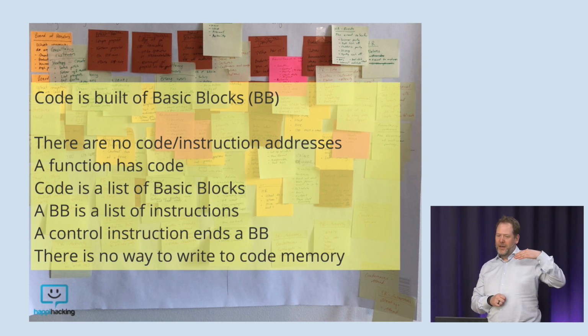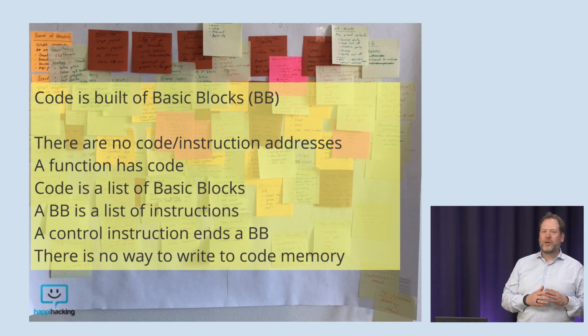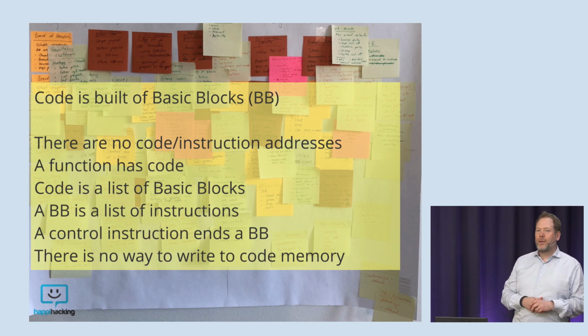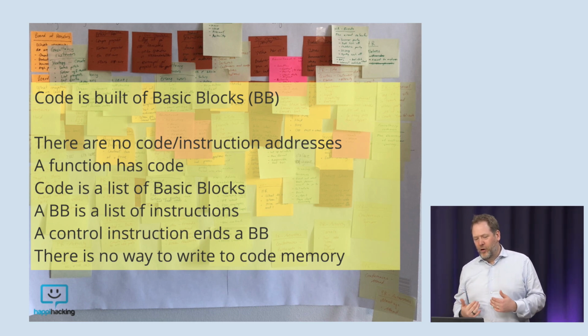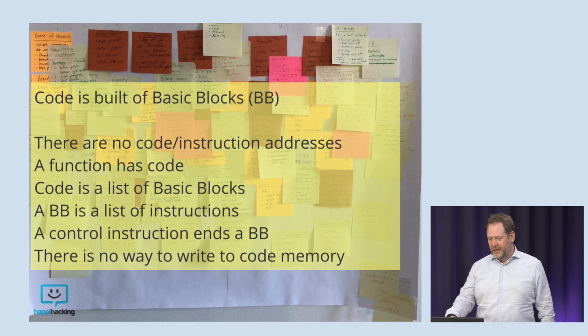So there's no way to jump to any place you want in the code. You can only enter at the beginning of a basic block, and at the end of a basic block you can jump to different places. And there's no way to write code to memory. The code is loaded when a contract is started, and that's all that you have.